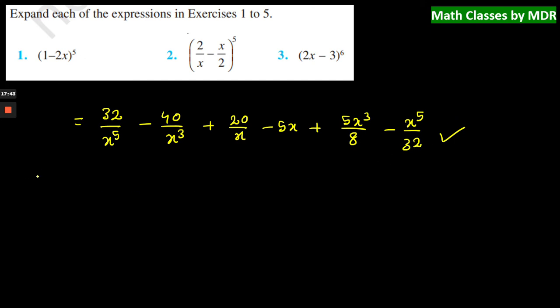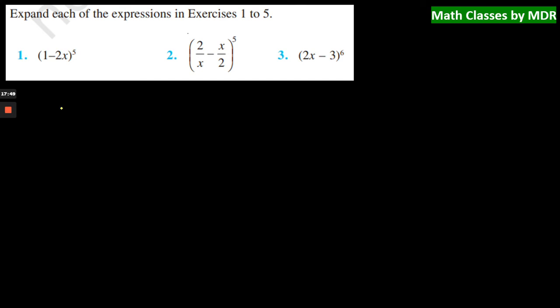What is the third one? Third one is (2x minus 3) whole to the power 6. So taking the third one, (2x minus 3) whole to the power 6, let us write here 6C0, right? In place of x we have 2x to the power 6 minus 0, y to the power 0 is minus 3 to the power 0, right?